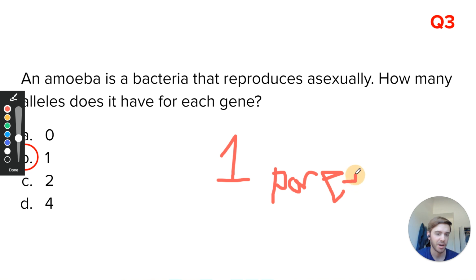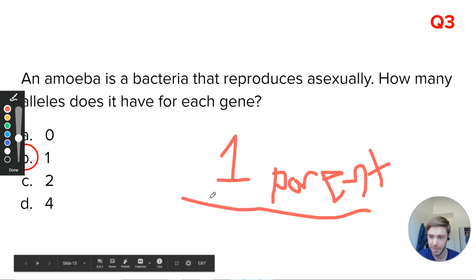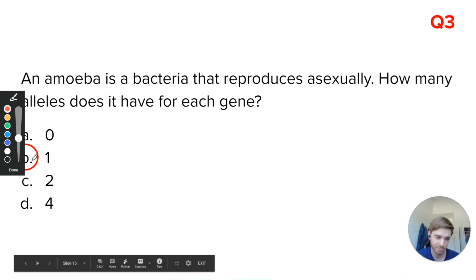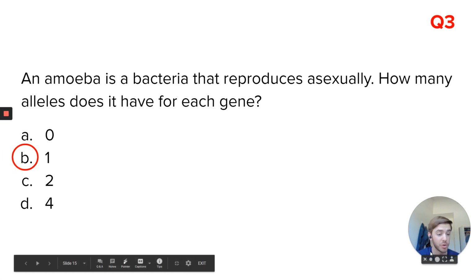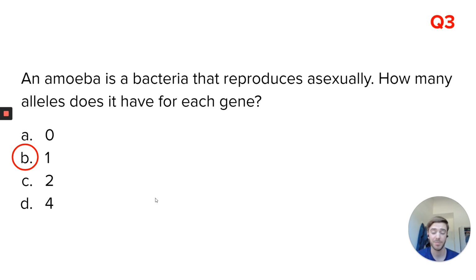That's an E, sorry. That was hard. 1 parent. So 1 parent means 1 allele. You have 2 parents, 2 people that had to come together to create you. So you have 2. But this amoeba is asexual, so it only has 1.